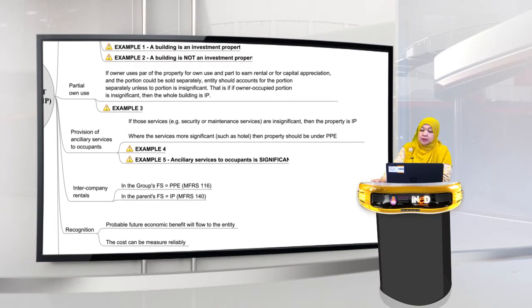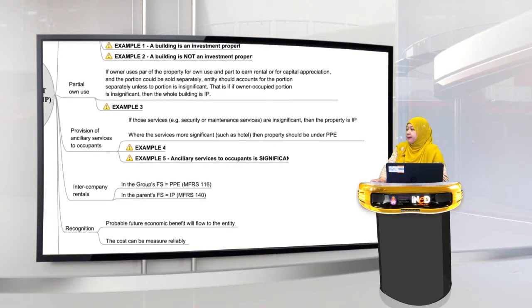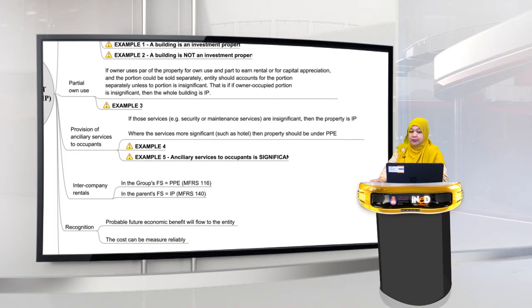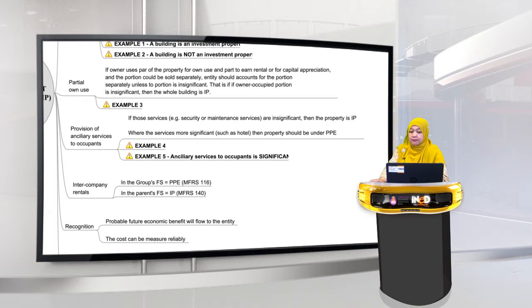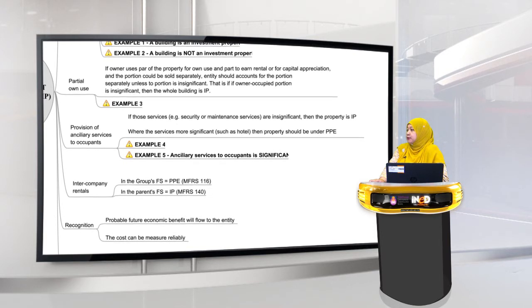Okay. Now, in terms of provision of ancillary services to occupants, this depends on whether the amount spent on the ancillary services is significant or not. If the services such as security or maintenance services are insignificant, then we will consider that property as investment property.